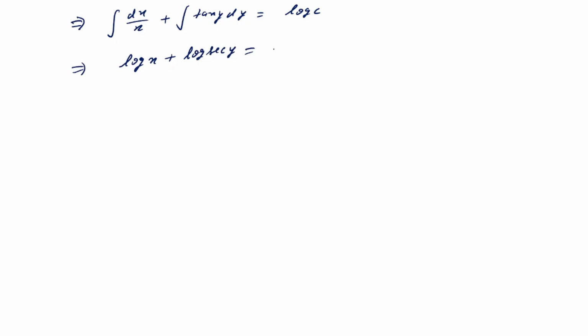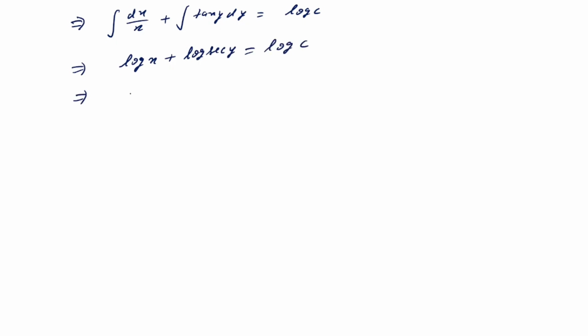This implies the integration of the first part, again I am writing the part dx upon x plus integration of tan y dy is equal to log c. This implies that log x plus log, you will get here sec y is equal to log c.